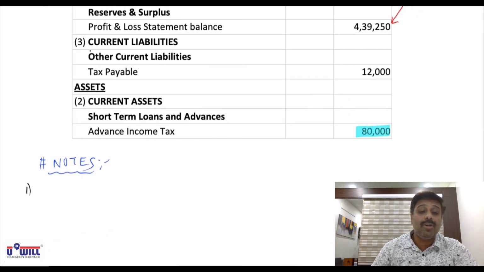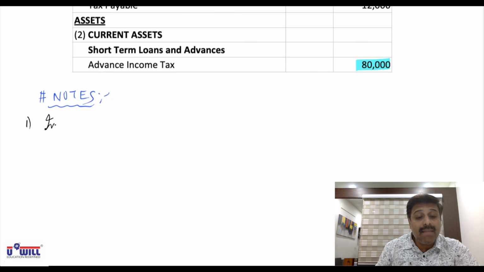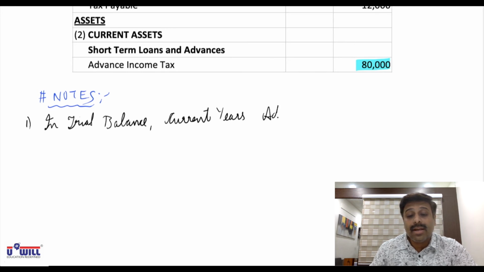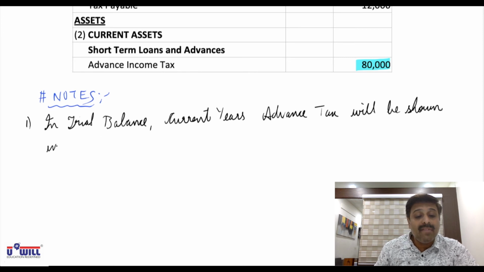Last year's advance tax will have no effect.